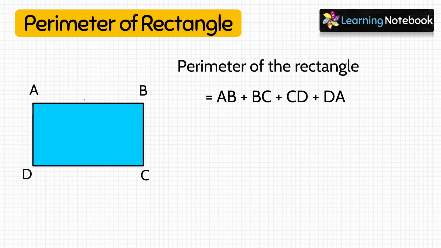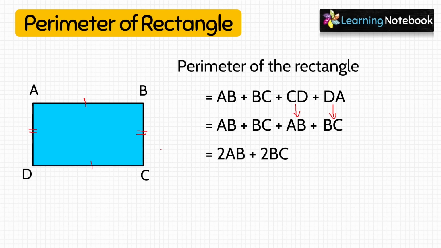CD equal to AB and DA equal to BC. So we can write CD as AB and DA as BC. Or we can write it as 2AB plus 2BC.